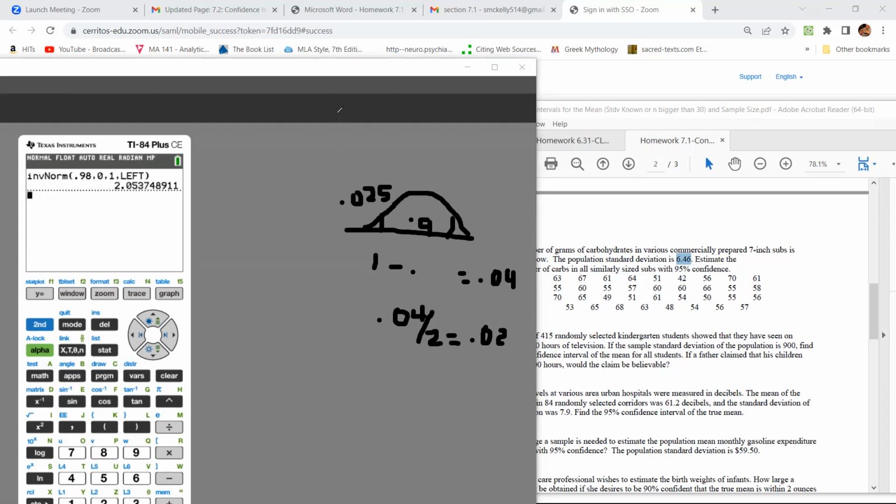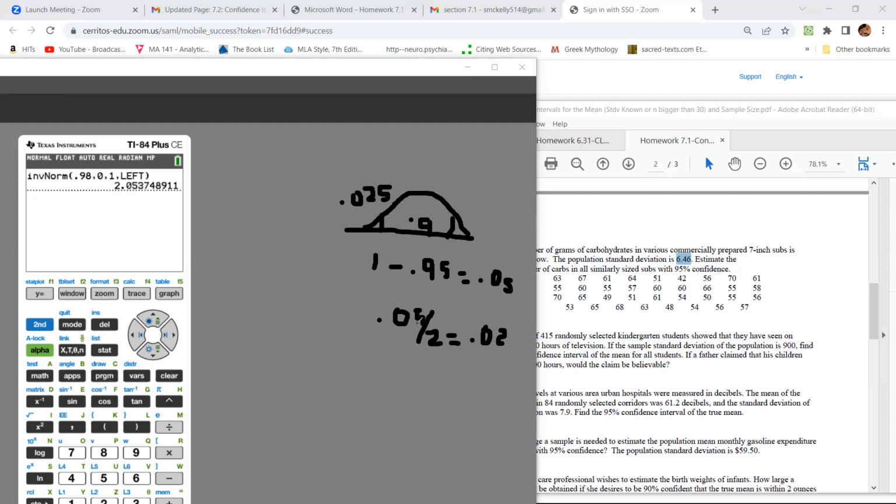Let me fix that. So this is 0.025 because this is 95, which means that this is going to be 5, not 6, right? So half of 5 is 2.5, which means this should be 5% here, not 4. This is 5%. So 5% divided by 2 is 2.5%.